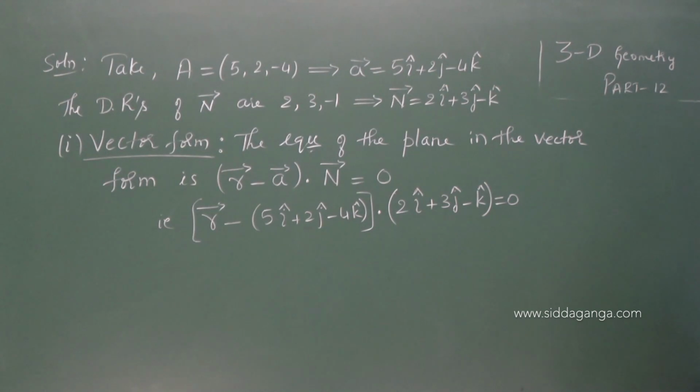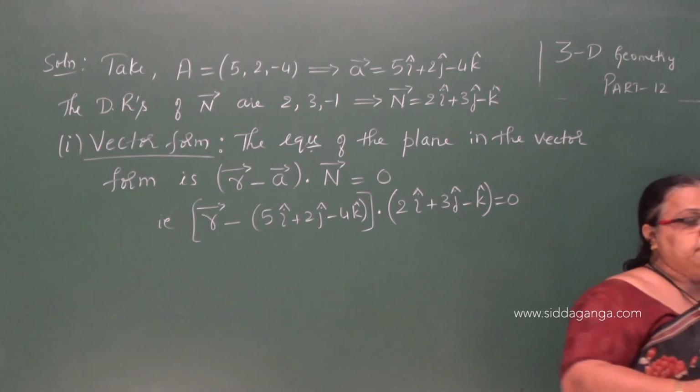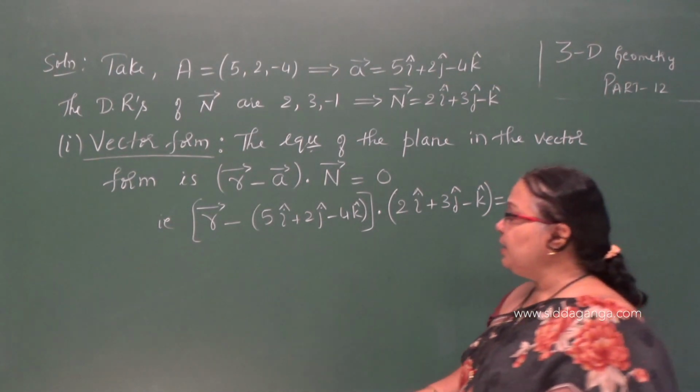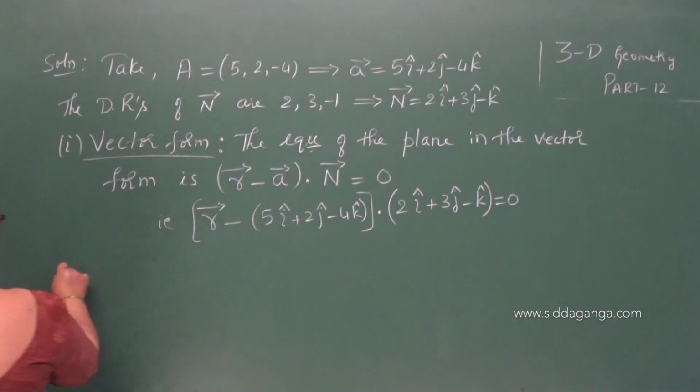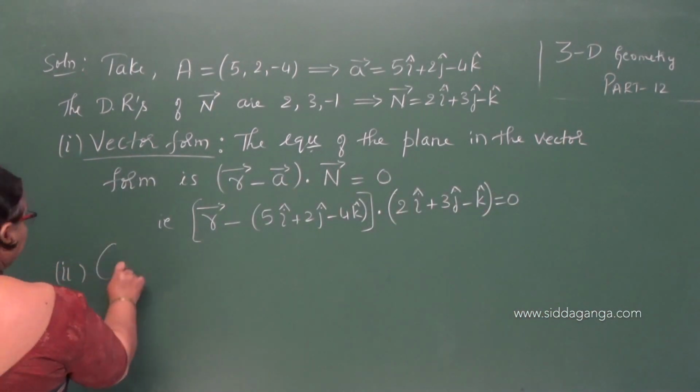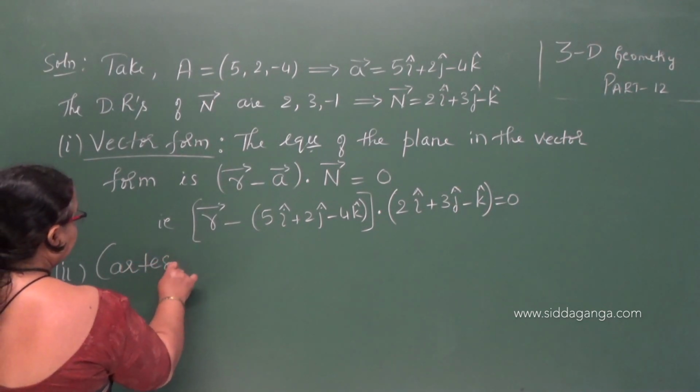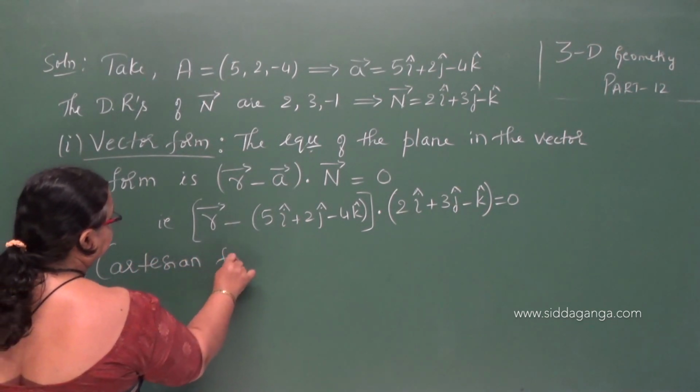Now we have to write the Cartesian form of the plane. The second one is the Cartesian form.